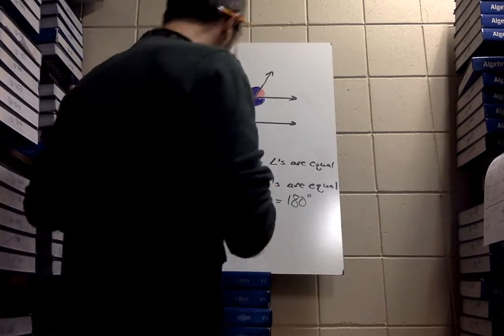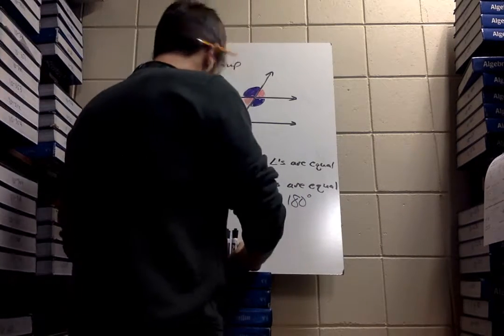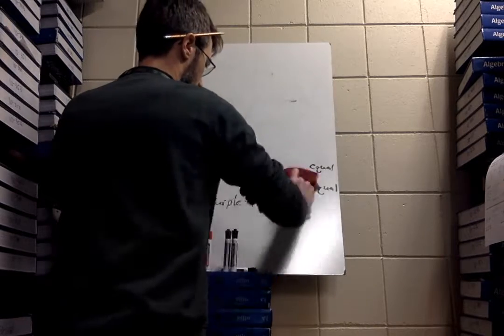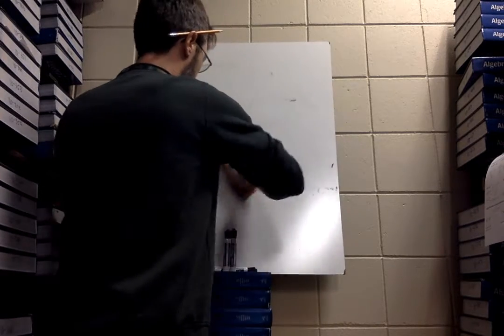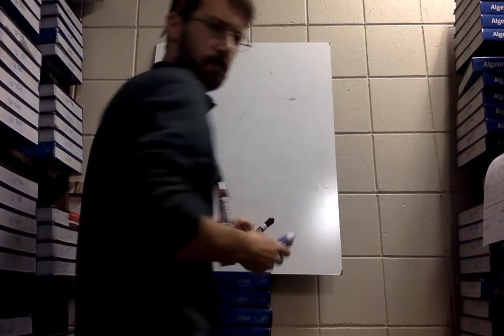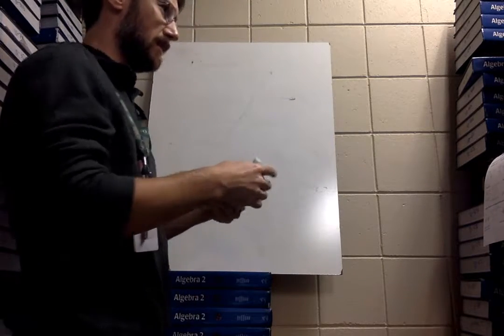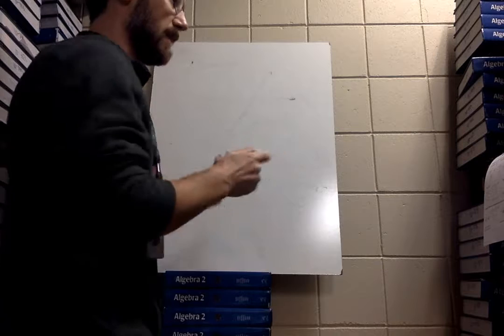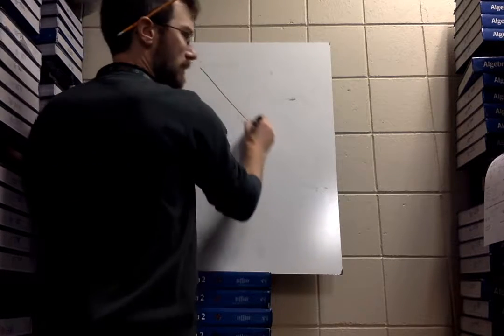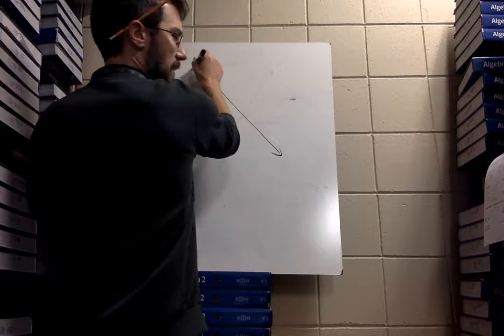Okay, so now some examples. Our first example looks something like this. We're finding the measure of angle ABC, and our diagram comes across like this.